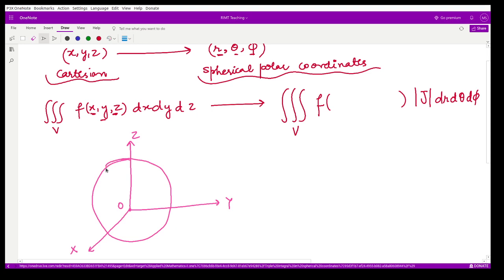This is three-dimensional. On this particular sphere, suppose we are given some point P. This is our point which has coordinates x, y, z in Cartesian space. Now how can you define this r, theta and phi?